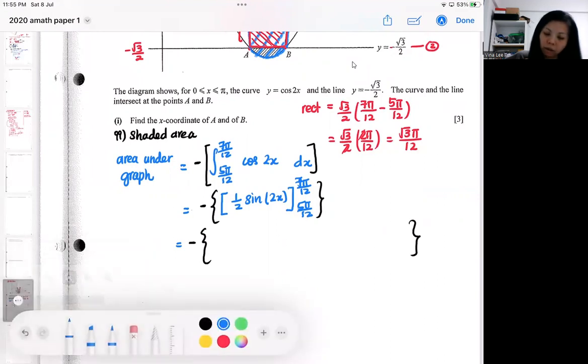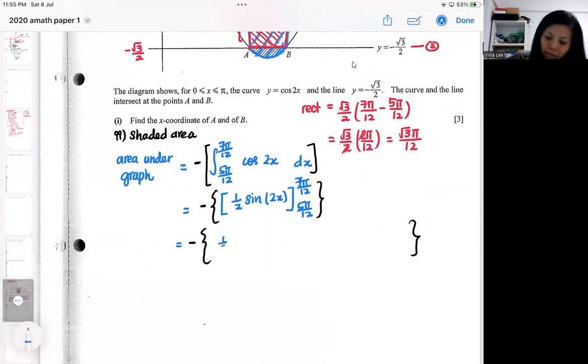So do your definite integral super carefully. Punch your calculator super carefully. So it's basically like top minus bottom.